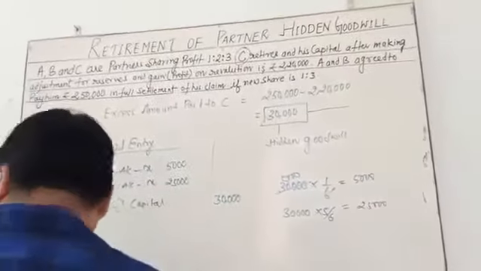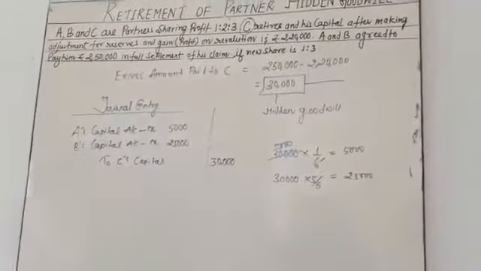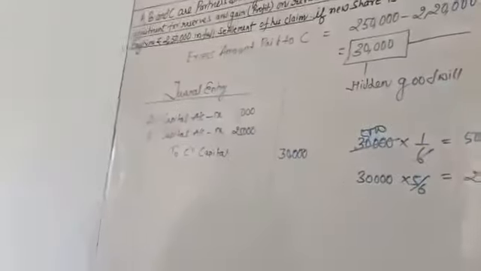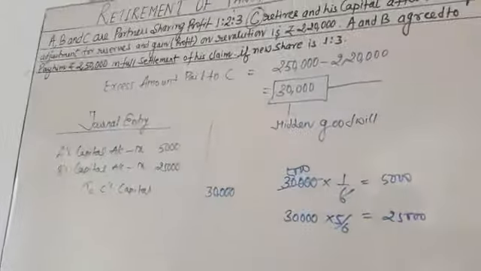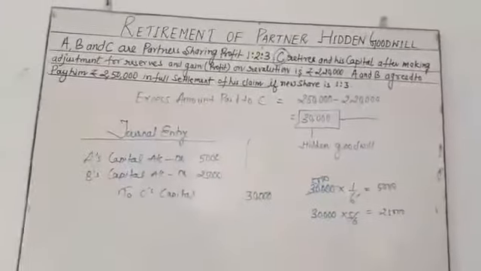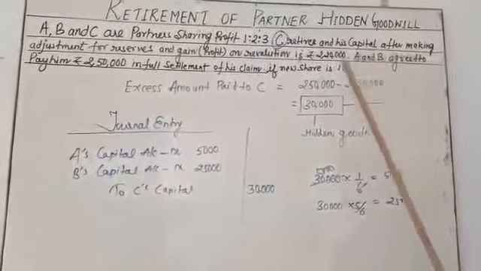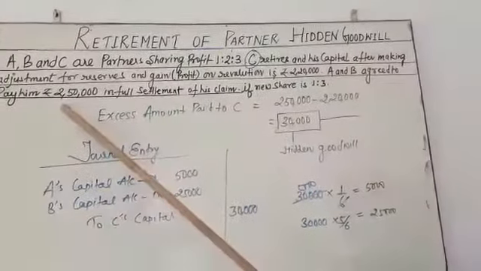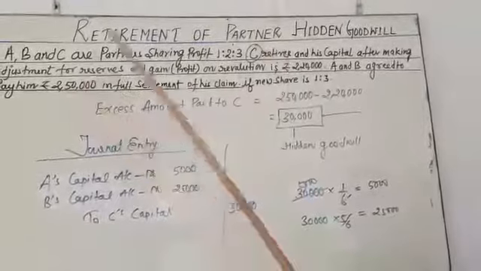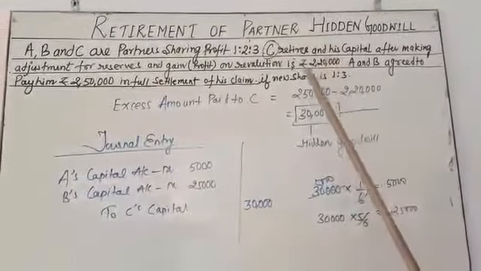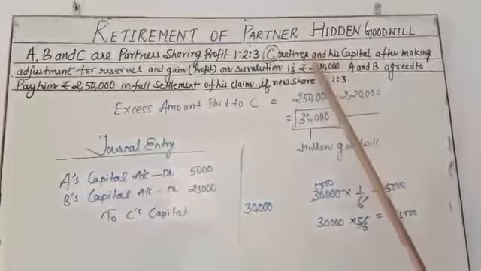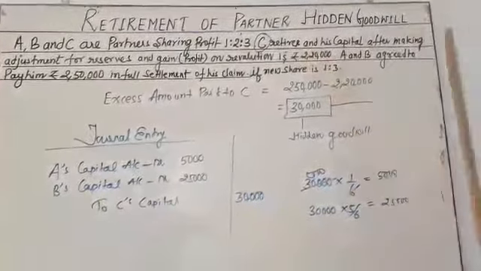In the same situation, my dear student, let us recall. Our topic is hidden goodwill. Why? Because A and B have agreed to pay 2,50,000, which means they have already paid 2,50,000. But the actual calculation of C's payment is 2,20,000 rupees only.